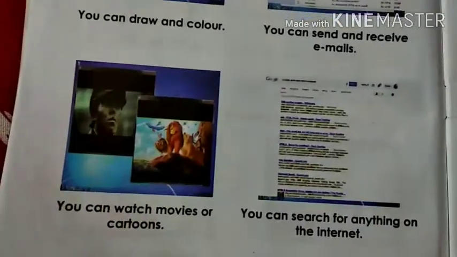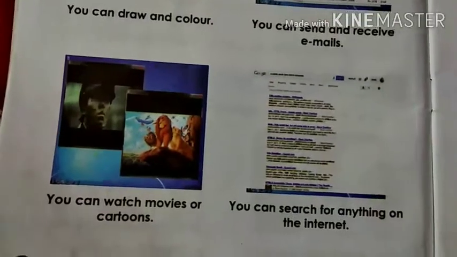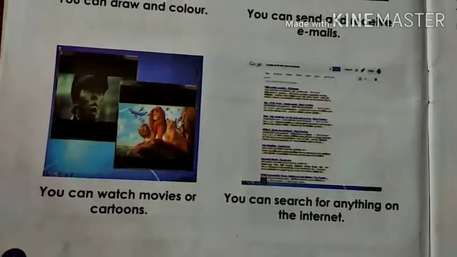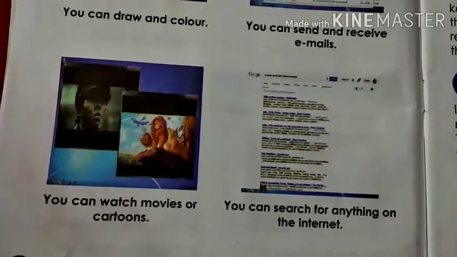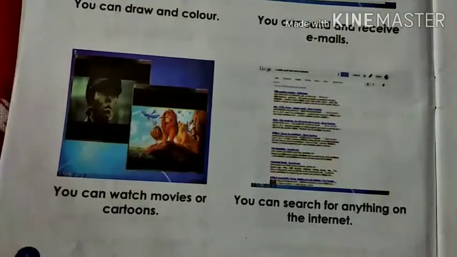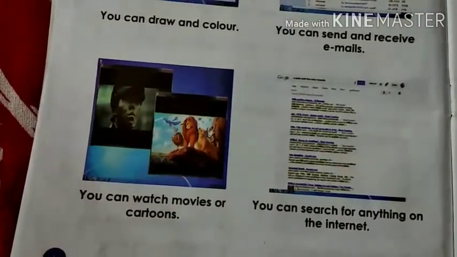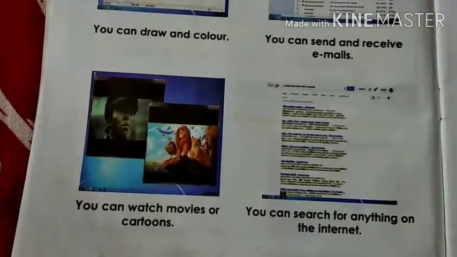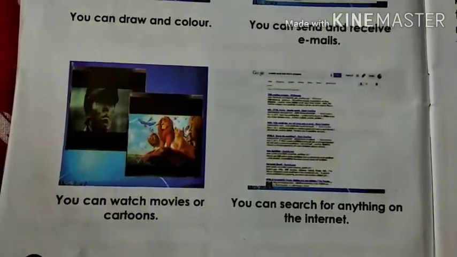Next, you can watch movies or cartoons. With the help of computer you can watch movies. You all know we have a DVD tray in the CPU. If you want to see movies, you can put a CD into the CD drive and watch the movies. Next, you can search for anything on the internet.